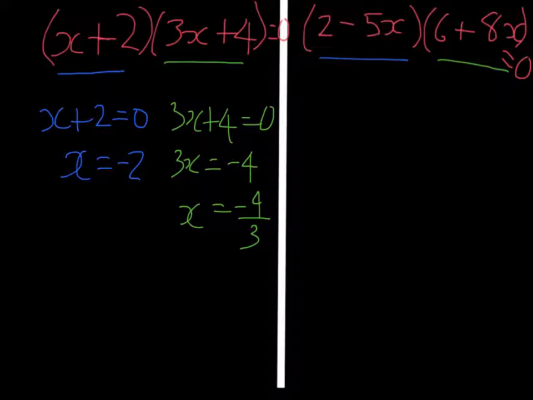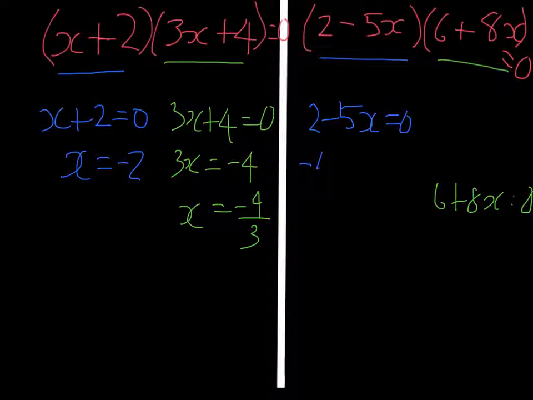Same thing with the other side. Let 5x be equal to 0, and down here, 6 plus 8x equal to 0. Then we just need to solve them.